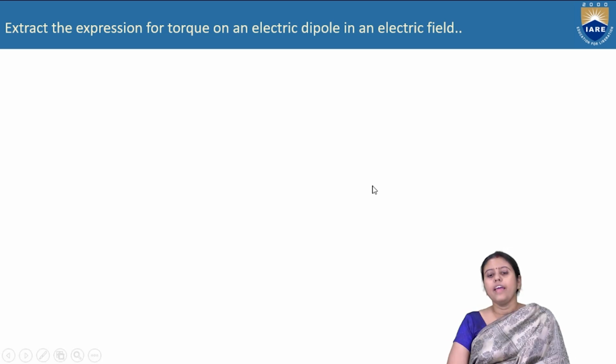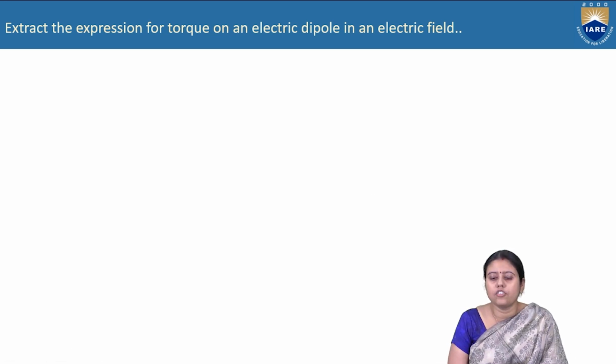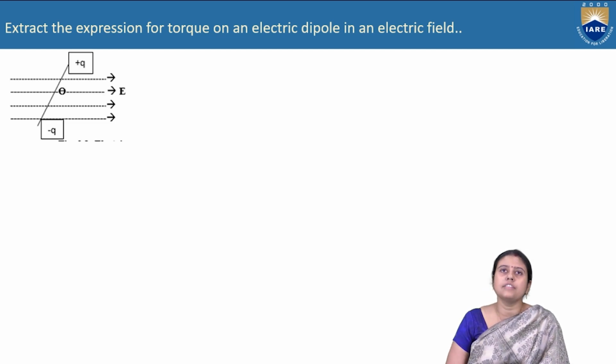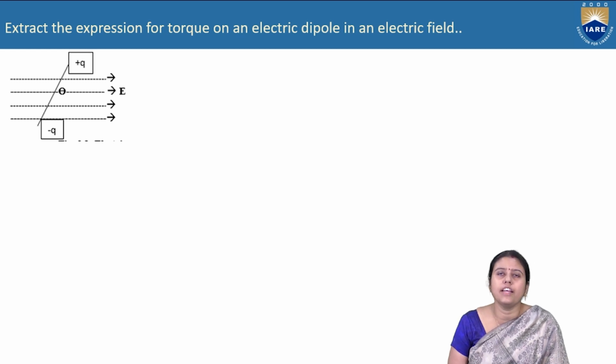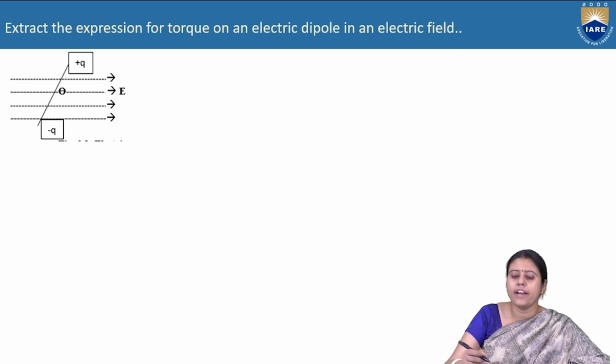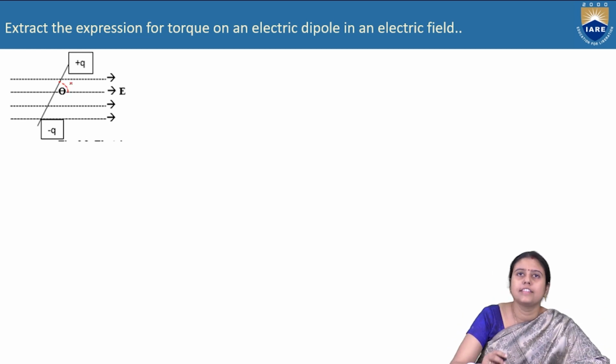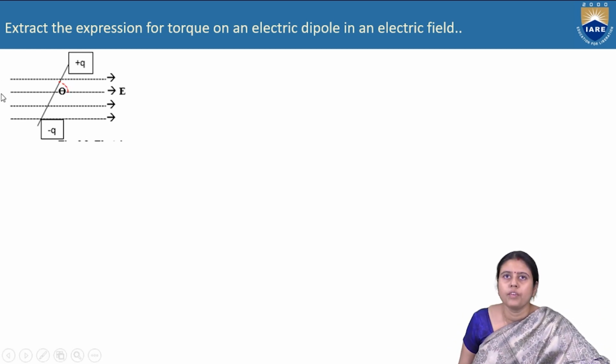Extract the expression for the torque on an electric dipole in an electric field. So we will discuss this. We have an electric field E. It has two charges, plus Q and minus Q, and the dipole makes an angle theta with the field.